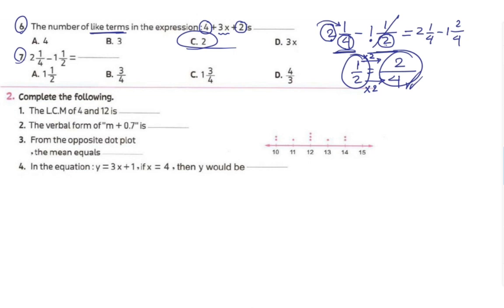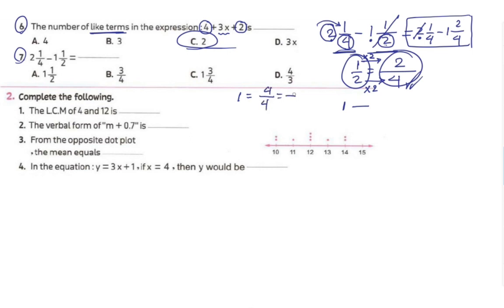Now I will borrow 1 from this 2. Now in our question, I will subtract 1 from this 2, so I have just 1, and the other one I will add to the 1/4. I have one, how many fourths? 4 fourths, okay. So I split this 2 into 1, and the other one I will add to 1/4. I need to note that 1 equals 4 over 4, right?